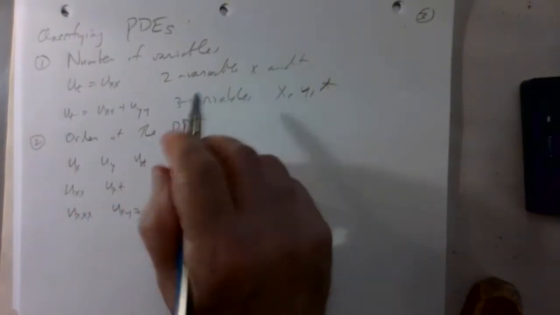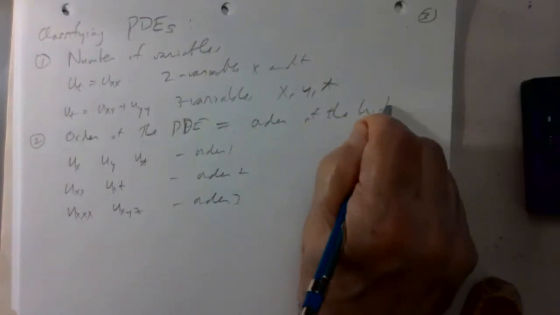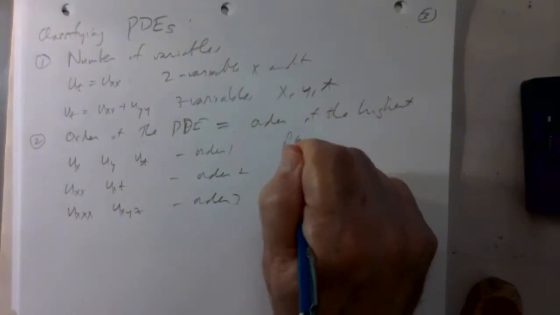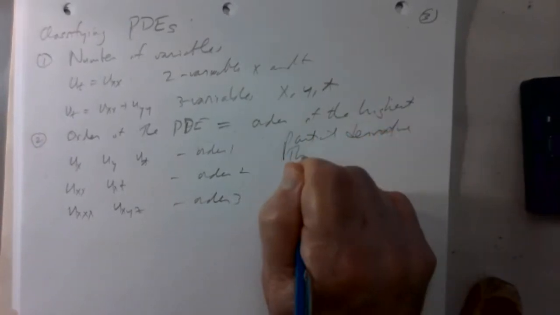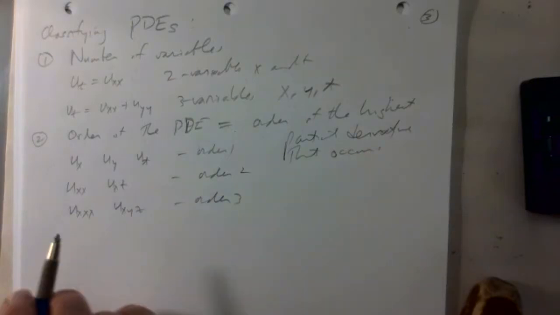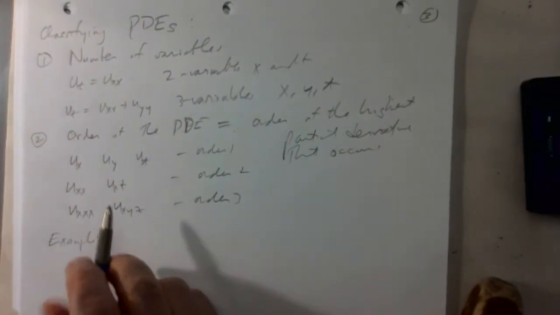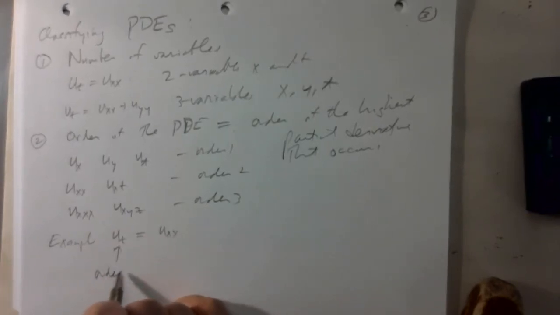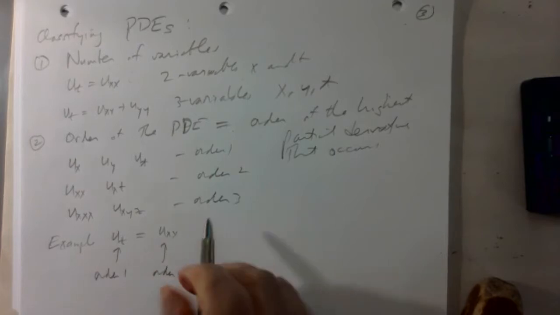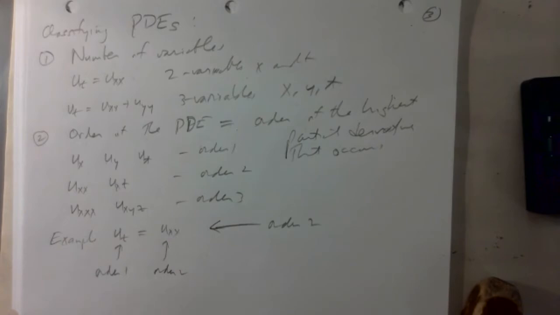The order of a partial differential equation is the order of the highest partial derivative that occurs. So for example, if we look at the partial differential equation ut equals uxx, this term has order 1, this term has order 2, so the equation itself has order 2. It's the largest of the orders of any of these partial derivatives. Okay.